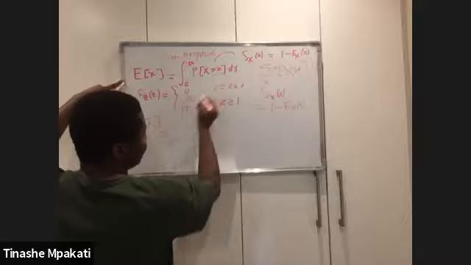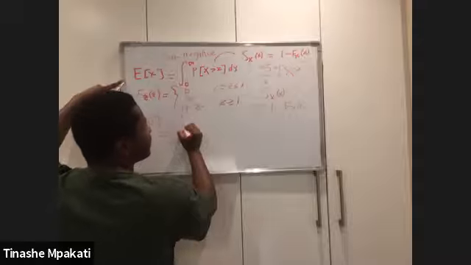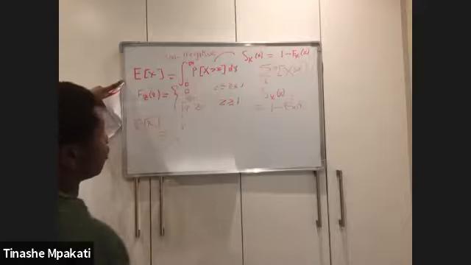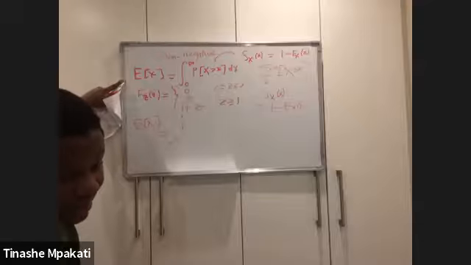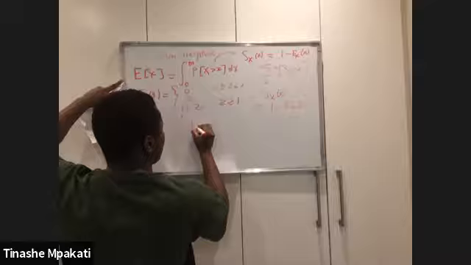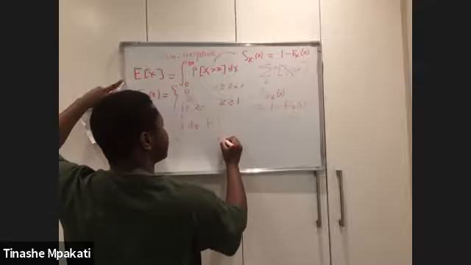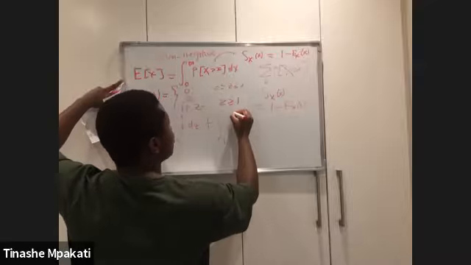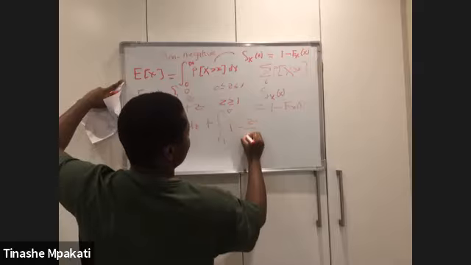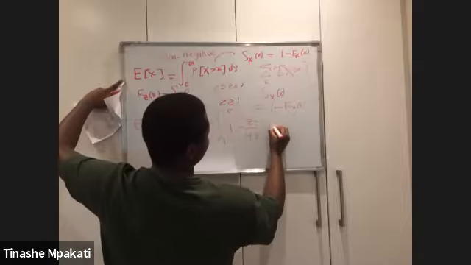So this will be 1 minus 0. Even though the CDF is equal to 0, the survival function is not equal to 0 in that case. So this is with respect to dz, plus integrating from 1 to infinity of 1 minus z over 1 plus z with respect to dz.